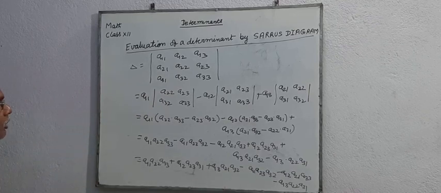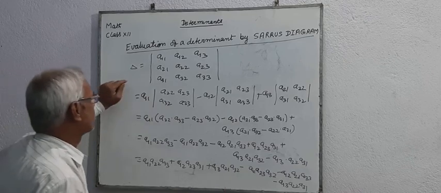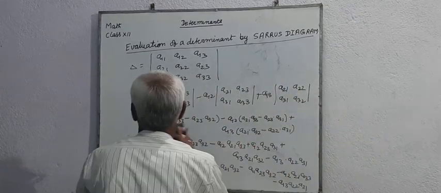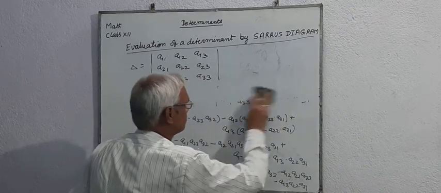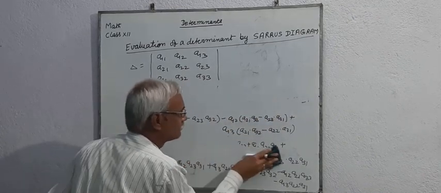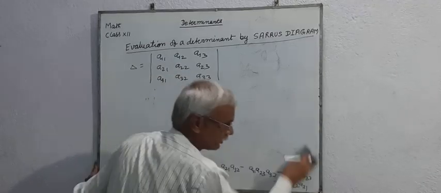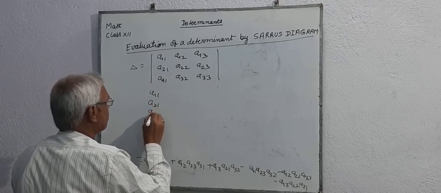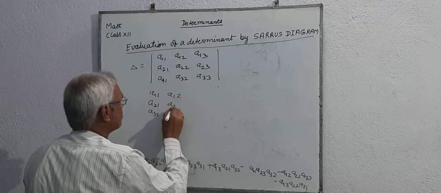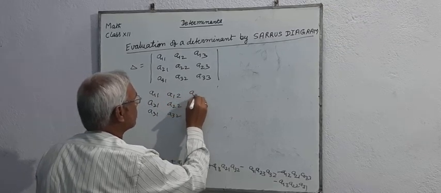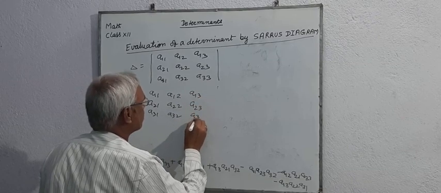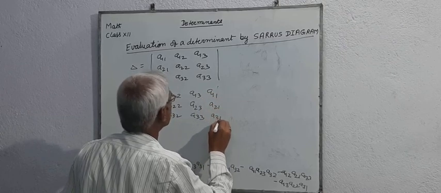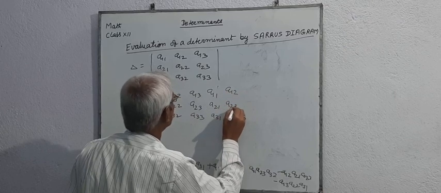Now, according to Sarrus' diagram, we write the determinant as A11, A21, A31, A12, A22, A32, A13, A23, A33, and repeat the first two columns again.